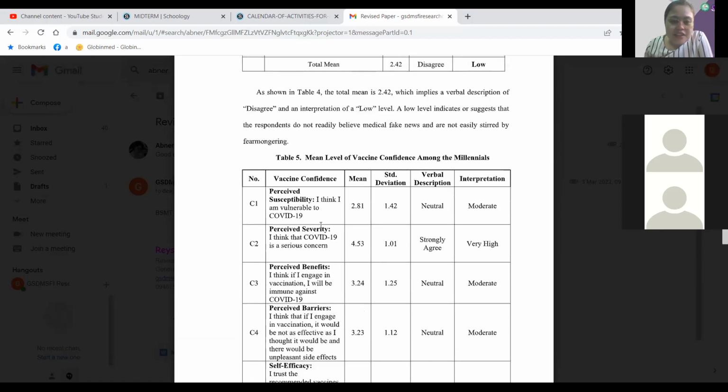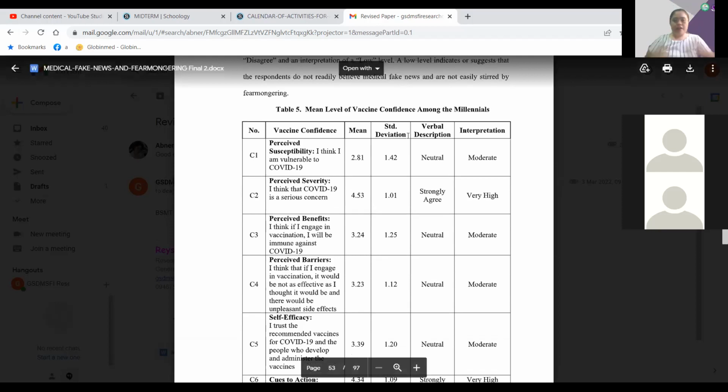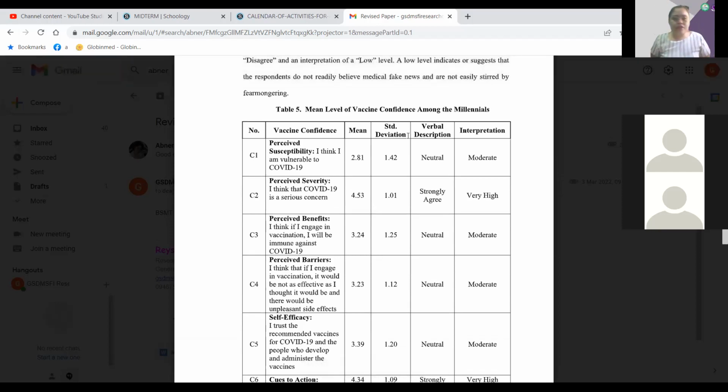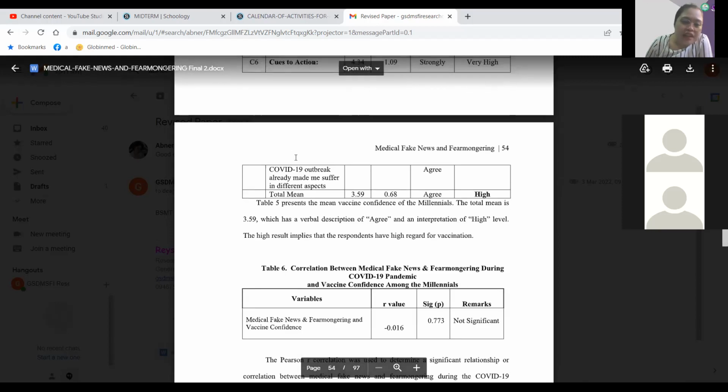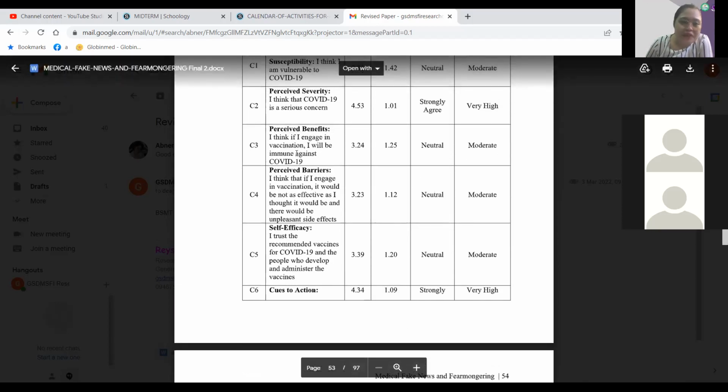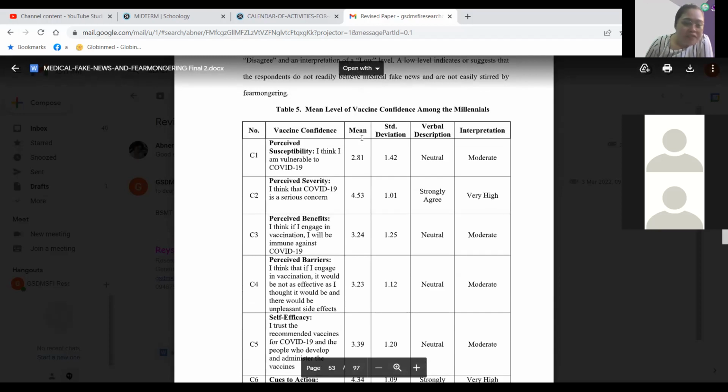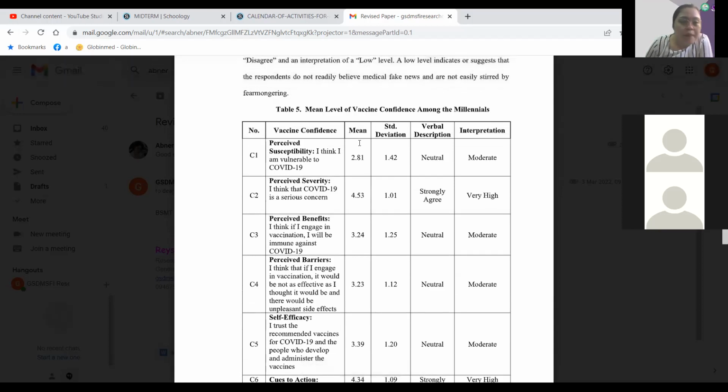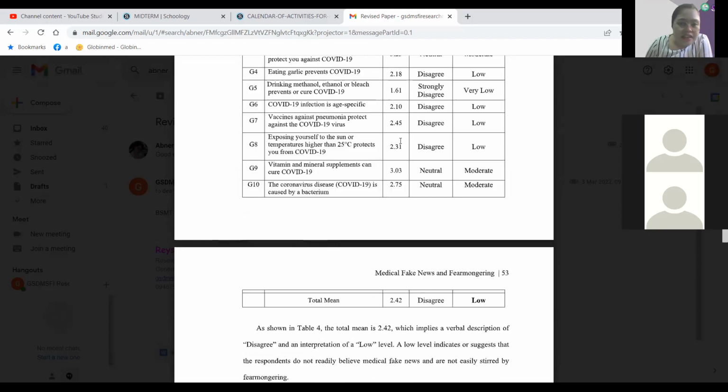Okay? So that is also true for their next question. What is the level of vaccine confidence among the millennials? So again, you also have to list down all the statements that you have, get the mean for each statement for all the respondents of the study. You may get the standard deviation also.